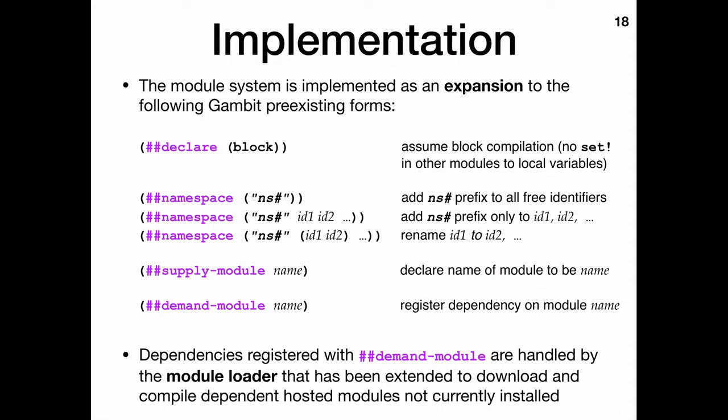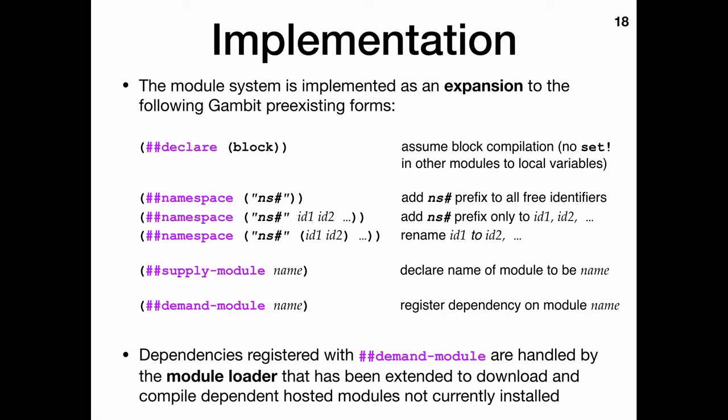When you import another library with the import library declaration, it will use the namespace form. Supply module declares the module name of the module that will be used. Demand module registers a dependency on a module.